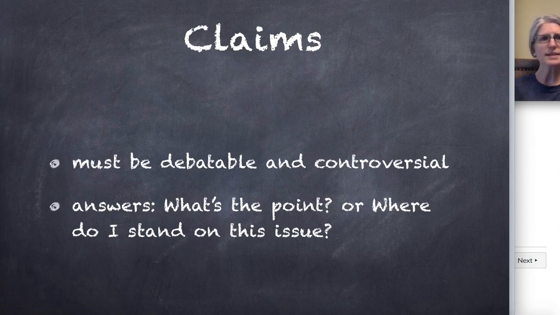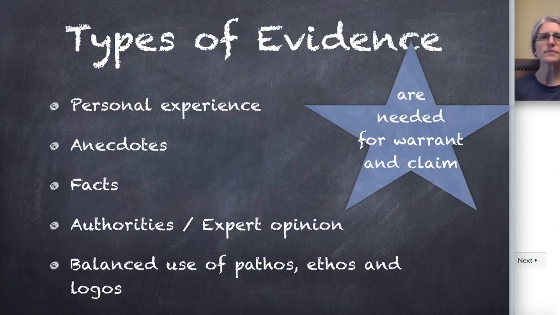Since evidence is so important, it is also important that you vary your types of evidence. And your book talks about this a bit as well. If you only have all facts and you don't have anything to personalize it, let's say it's just a lot of statistics, then you're not necessarily going to help your audience to relate the facts and the statistics that you're saying to anybody with a name or a face.